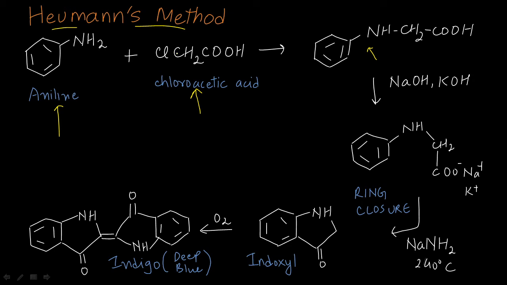CH2, HCl is removed, minus HCl, and when you add NaOH, base is added. So what happens, this acid turns into a sodium salt. We have a sodium salt.